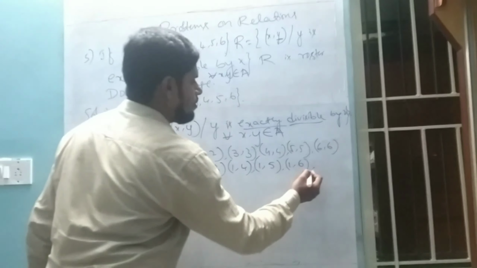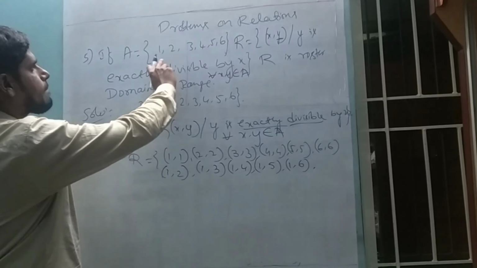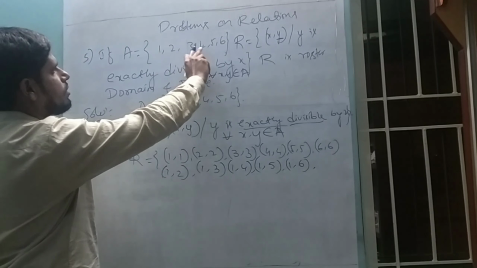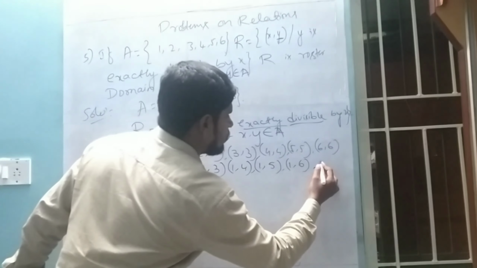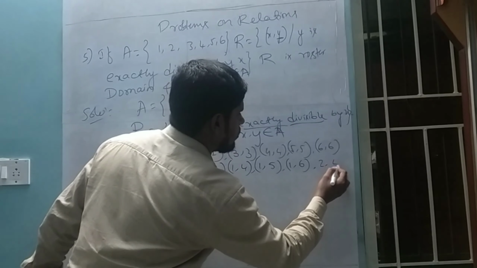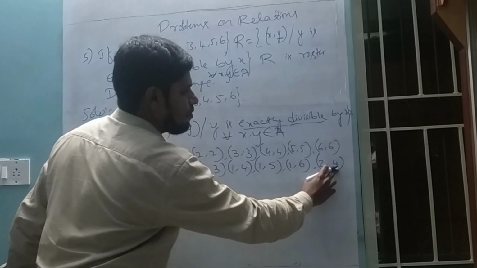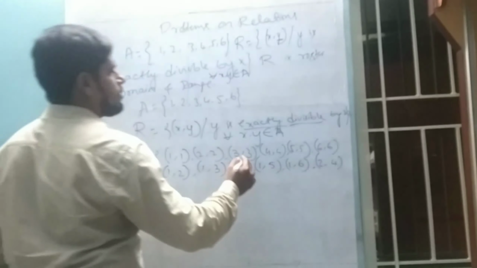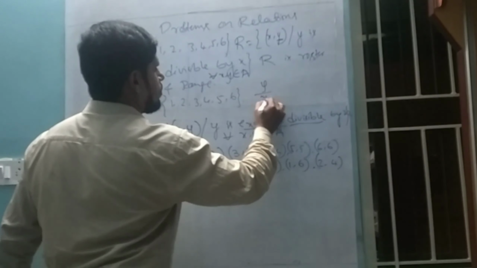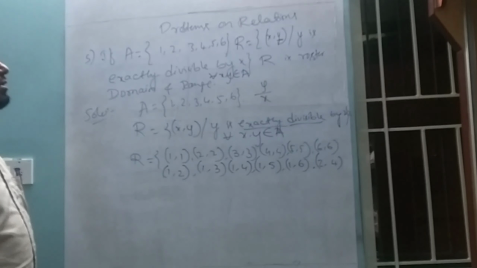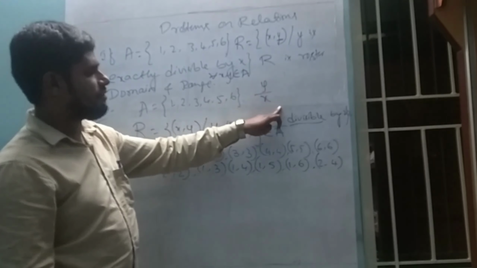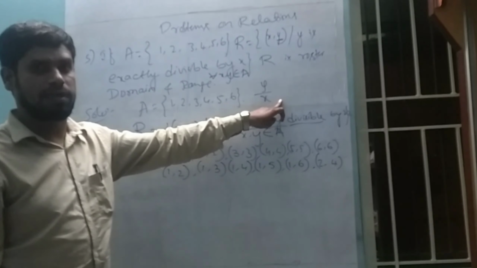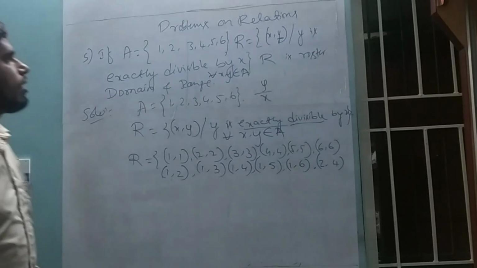Next case here. 4 divided by 2. That is (2, 4). y is 4, x is 2 there. It is like this. y is divisible by x. 4 divided by 2. 2 divided by 4 is not possible. It is half. 4 by 2 is 2.